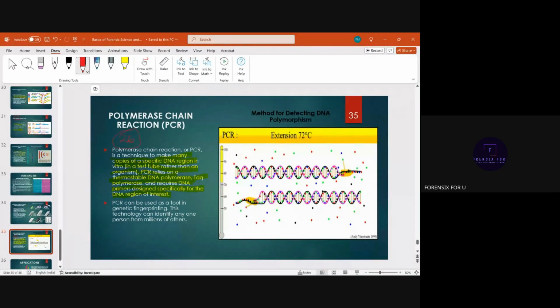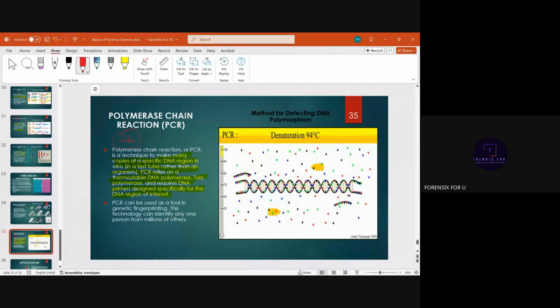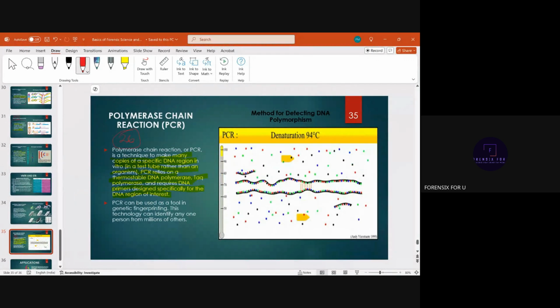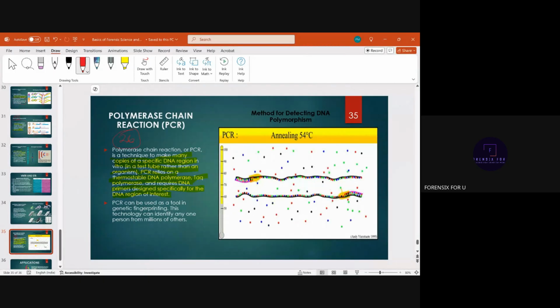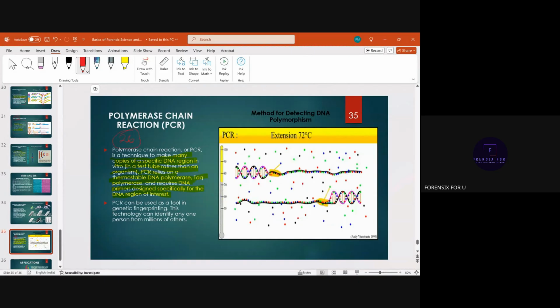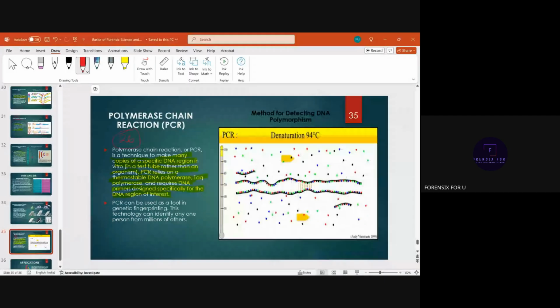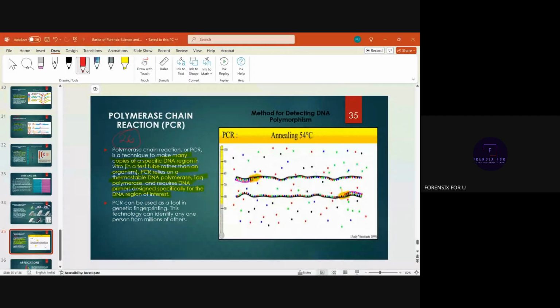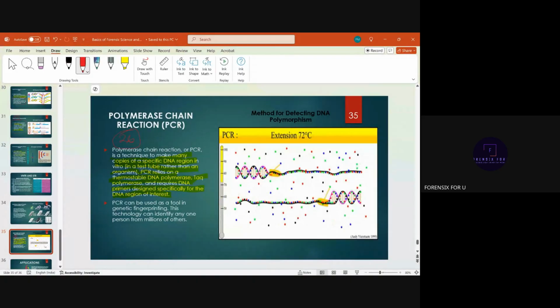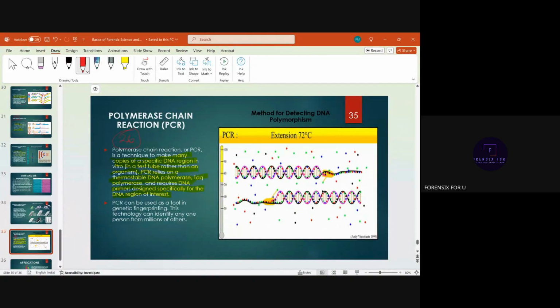We can easily create templates of these markers that are radio labeled, and we can add it to the PCR liquid mixture so that they go and attach to the recognition sites of the markers that is present in the forensic sample. And then we can create multiple copies of these radio labeled markers and ultimately analyze it in the genetic analyzer to understand the polymorphic state of these markers.